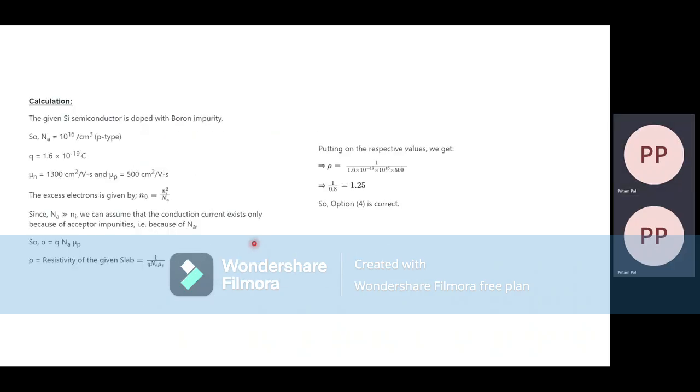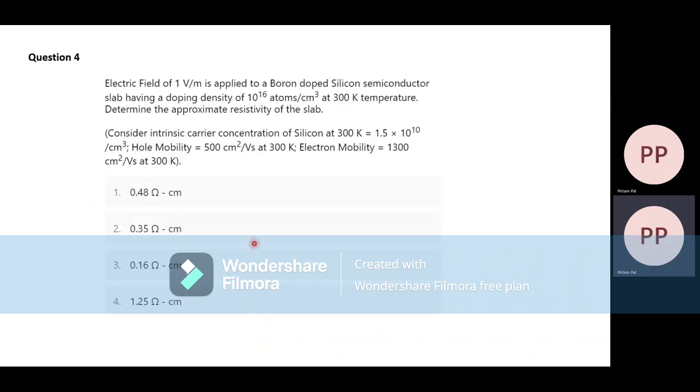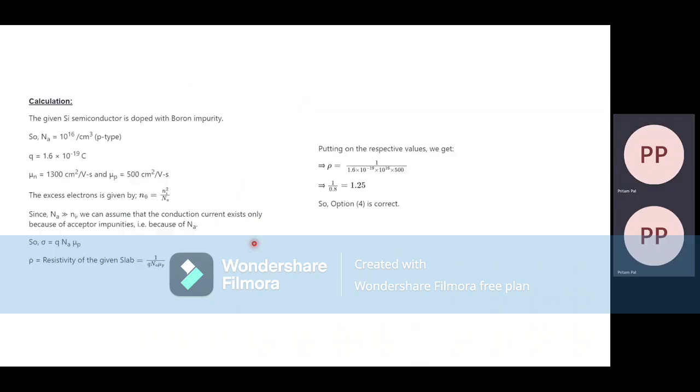Now the calculation part. The given silicon semiconductor is doped with boron impurity, right? So for this case, Na, the acceptor number density, is 10 power 16 per centimeter cube, p type, and q is 1.6 times 10 power minus 19 coulomb, and mu n and mu p information were also given.